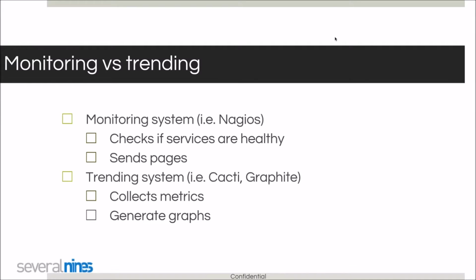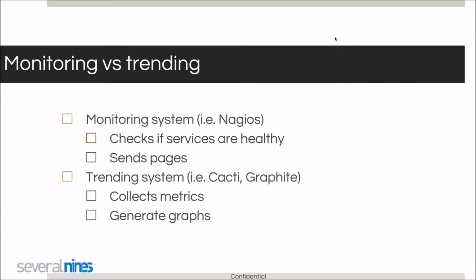So monitoring versus trending. Well, we have monitoring systems like Nagios, where the system actually checks whether your service is healthy, if it's still available. And it can send out alerts, so it can page you via PagerDuty, for instance. While the trending system is something different, where you have Cacti and Graphite collecting all sorts of metrics continuously.